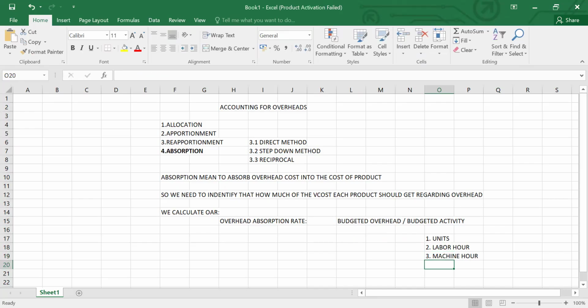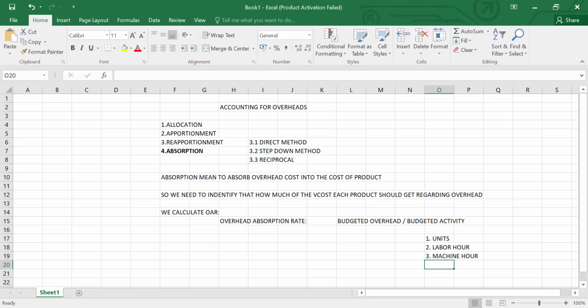So in order to calculate the amount of overheads given to each product, we calculate OAR, that is overhead absorption rate. And overhead absorption rate tells you the amount of overhead that each product is going to get. It is calculated via the formula: budgeted overheads divided by budgeted activity.